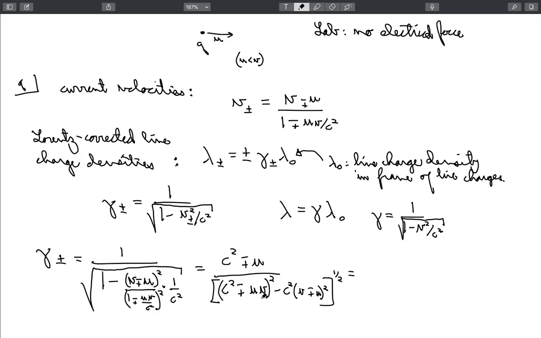So I can just recognize the form that in the numerator I got minus or plus u, and in the denominator, just collecting terms, I would be able to factorize c squared minus v squared times c squared minus u squared, and that in a square root.